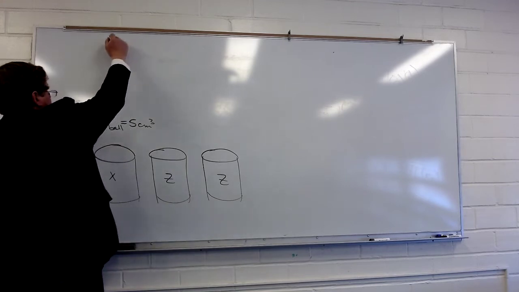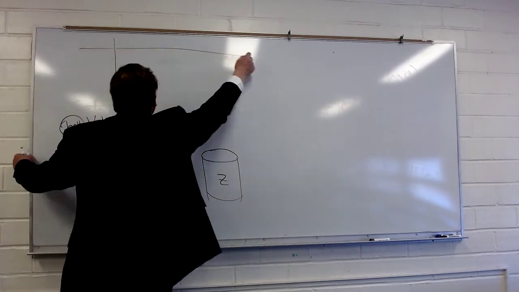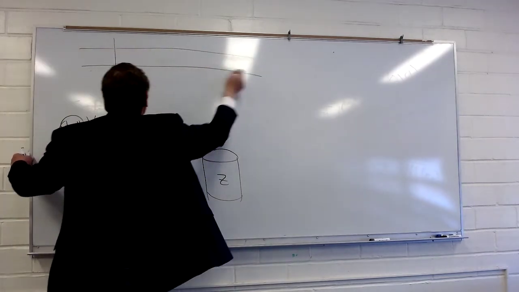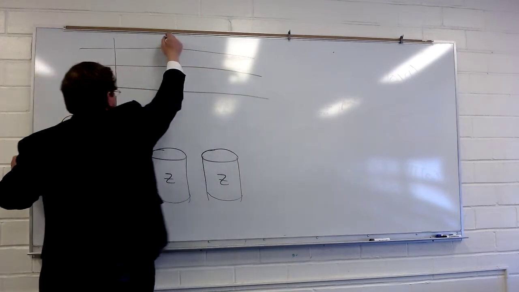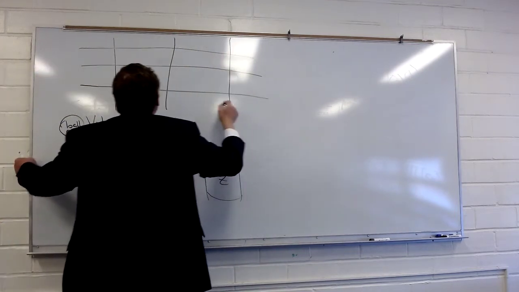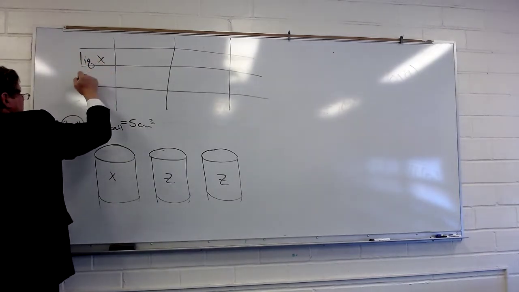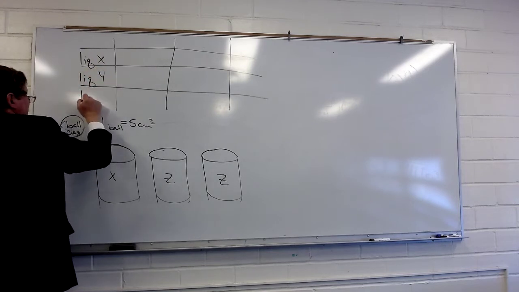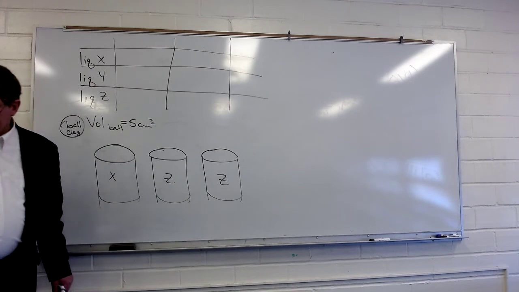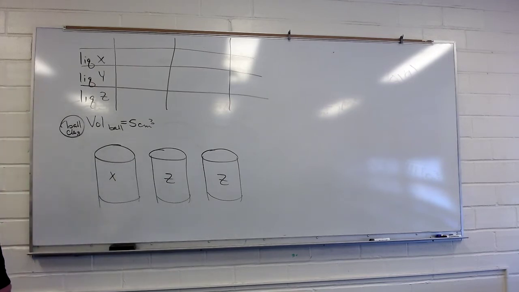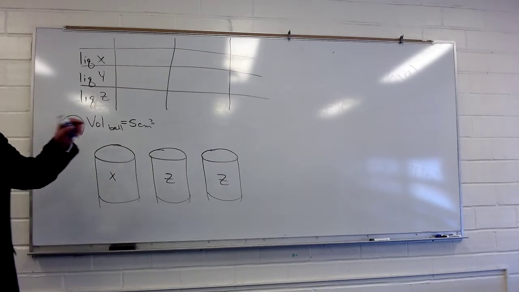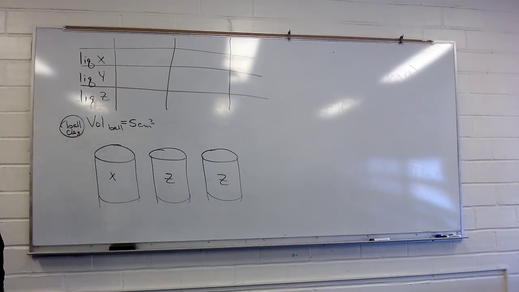And we have a table, and this is liquid X, liquid Y, and liquid Z. And in this table, we lower the ball into each of the beakers, and the beakers start out filled to the brim, and we measure the mass and volume of the liquid that spills over the edge.